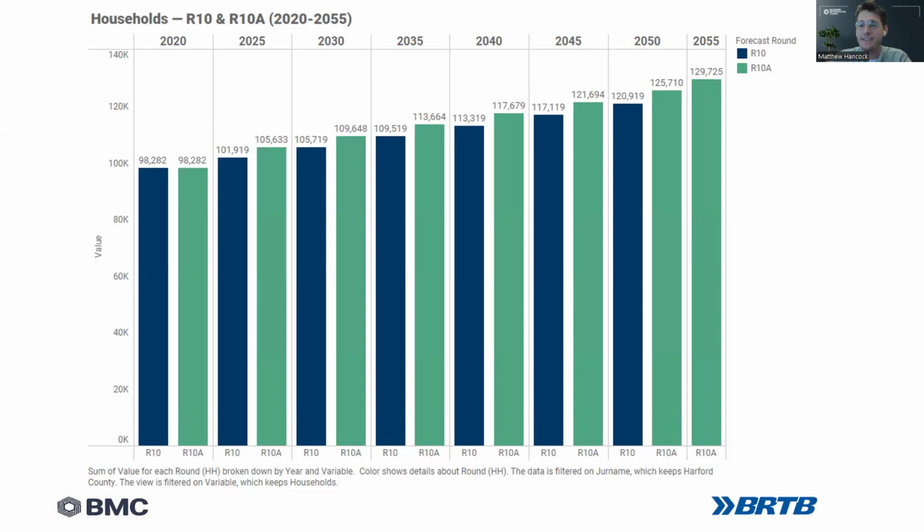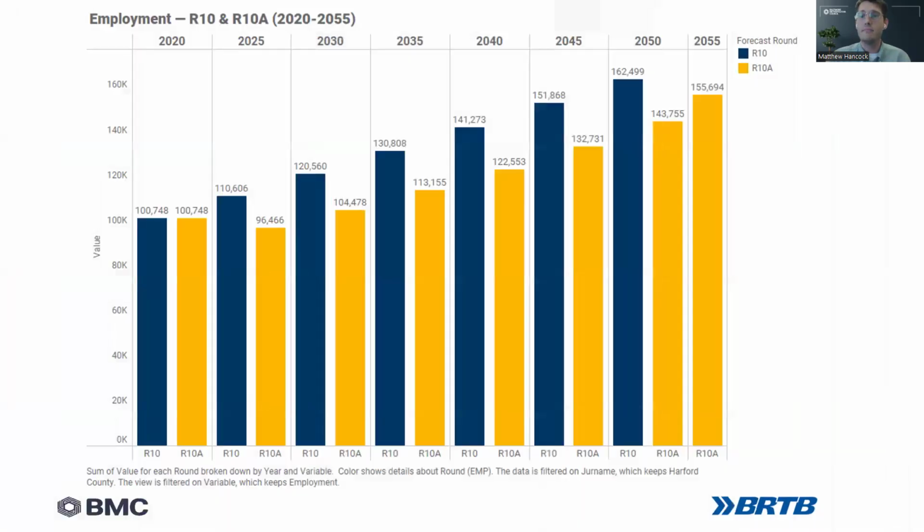You'll see that we're holding a steady and consistent increase in round 10A compared to round 10 across all the forecast years, to where we're expecting continued and sustained household growth along with population. But again, population is at a more moderated level than households. Employment change is a consistent and substantial decline in round 10A compared to round 10 across all the forecast years.